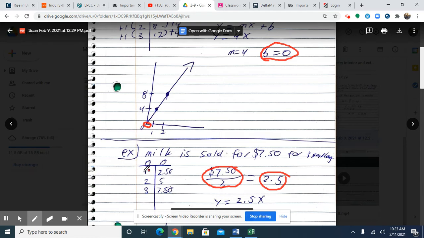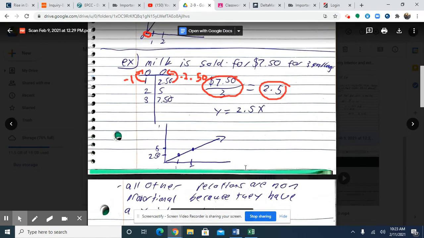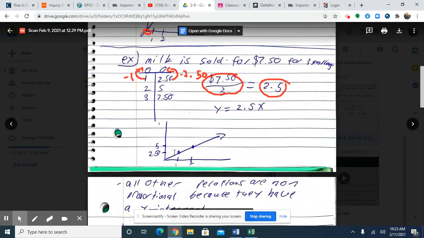But again, let's go back and say, okay, if I subtract 1, in other words, if I buy 0, then I also subtract 2.50. That means that at 0 gallons, I'm paying $0, right? And this is another graph that looks very similar.